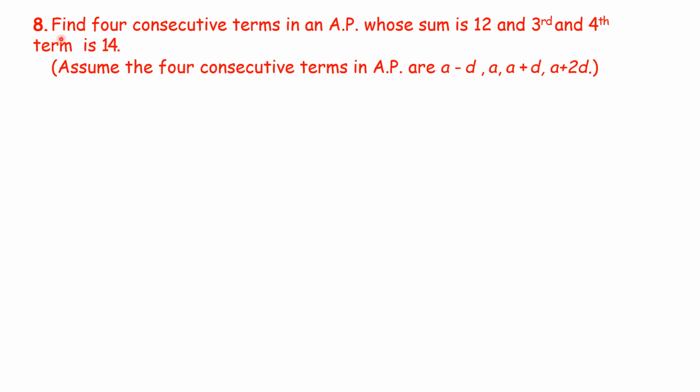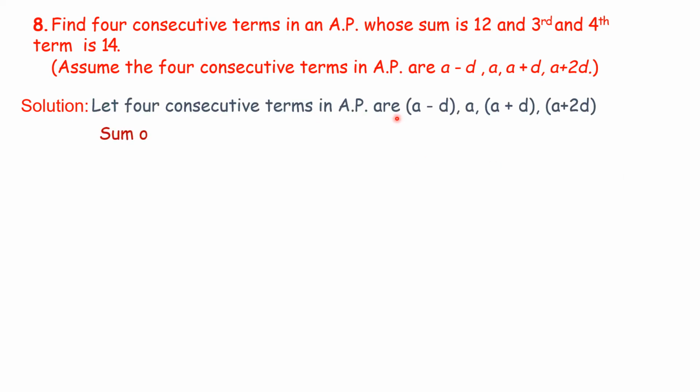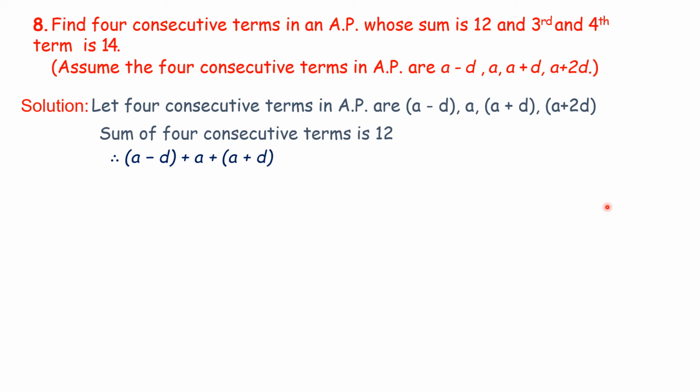Eighth example: find the four consecutive terms in an AP whose sum is 12 and the sum of the third and the fourth term is 14. Assume the four consecutive terms in an AP are a minus d, a plus d, a plus 2d. Solution. The sum of four consecutive terms is equal to 12.